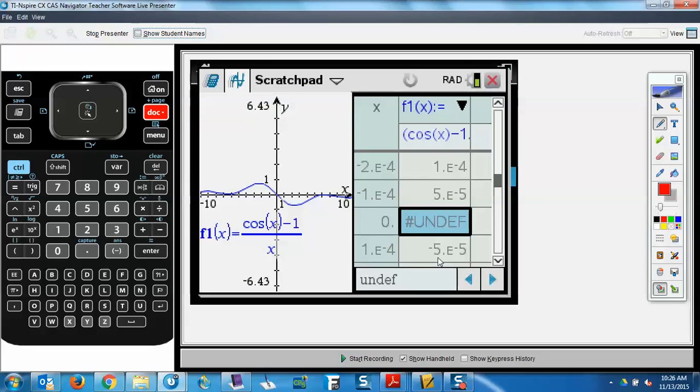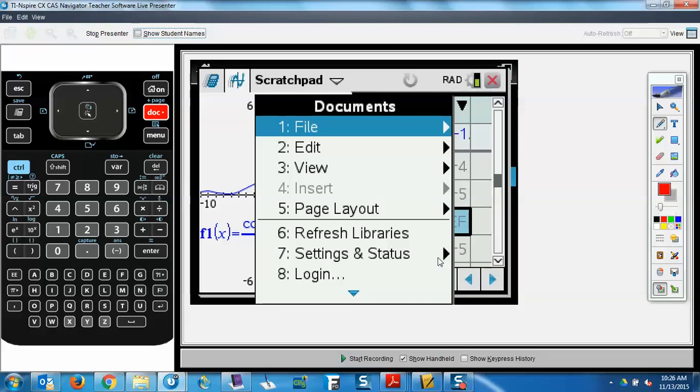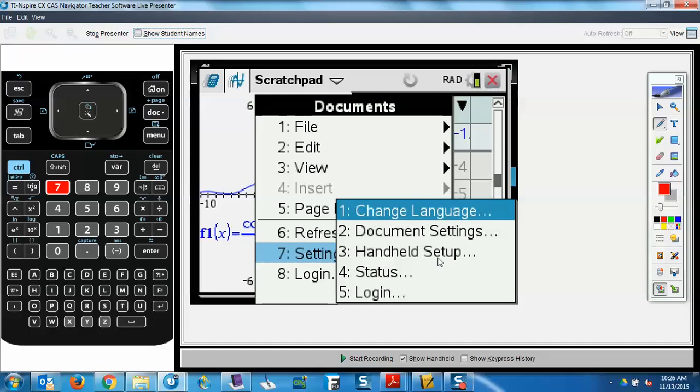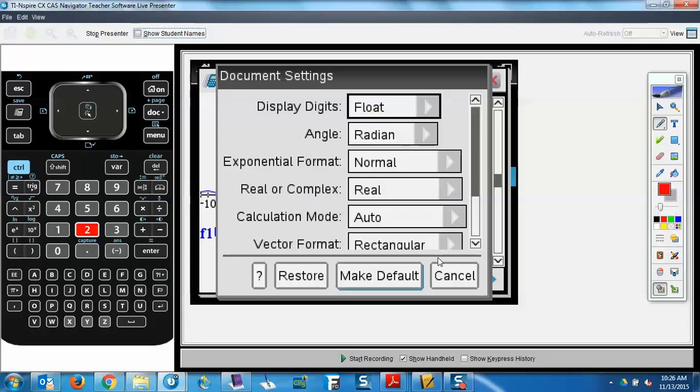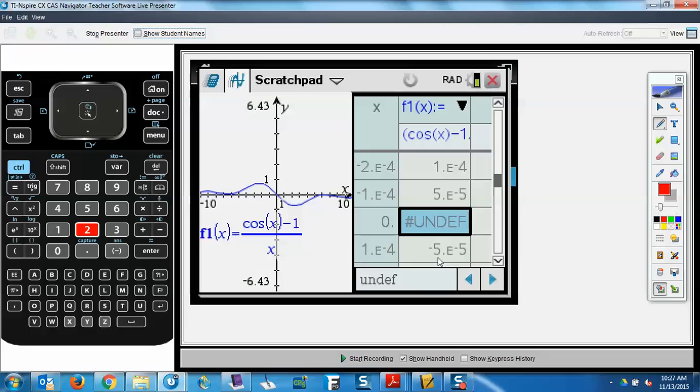Yeah, there you go. Go down to settings and status. Go to document settings. Huh. I wonder, is everybody's looking like Jared's? Yeah. That's what I was looking. Go ahead and escape out of that. How many people are getting theirs to look just like Jared's? How many people have a whole bunch of decimals?